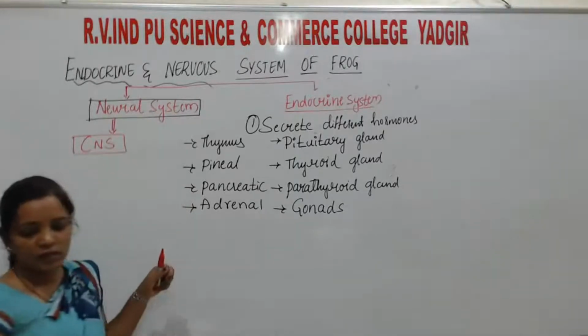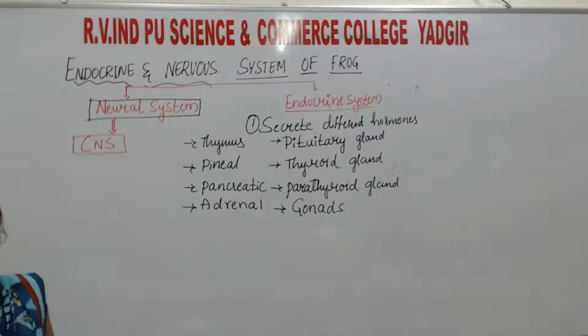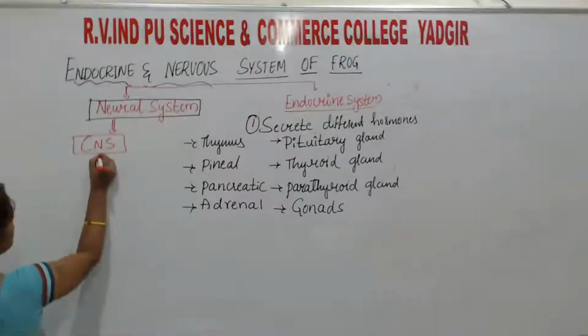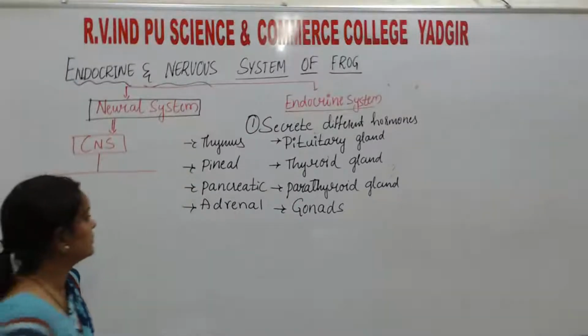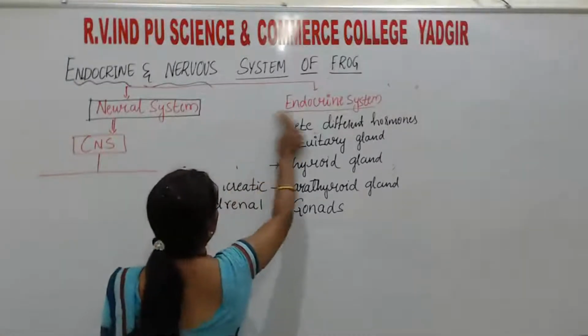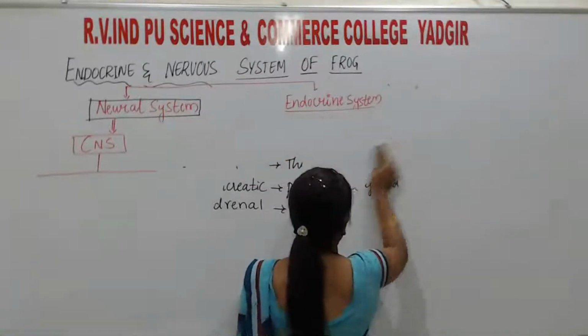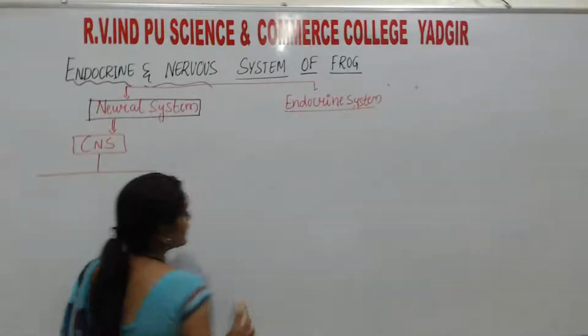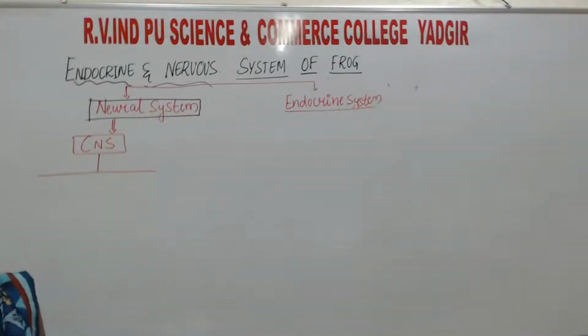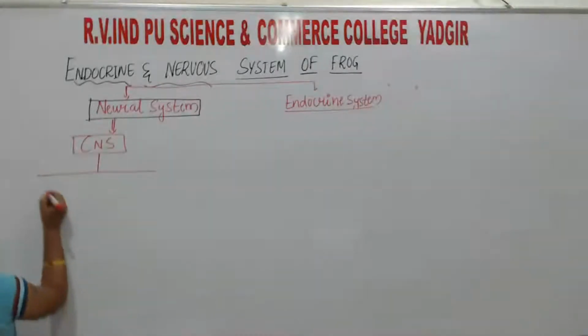Now the neural system is organized into the central nervous system, which has the brain and spinal cord.